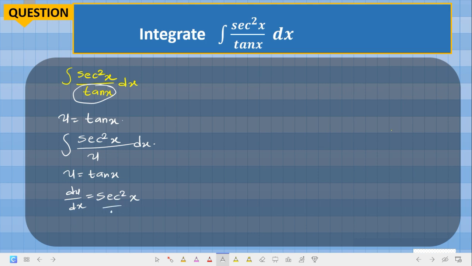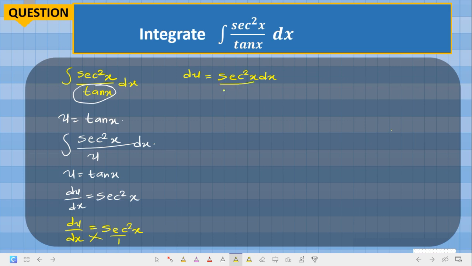Now at this point, we can make dx the subject of the formula, knowing that du over dx is equal to sec square x over 1. Cross multiplying, 1 times du gives us du, which is equal to sec square x dx.